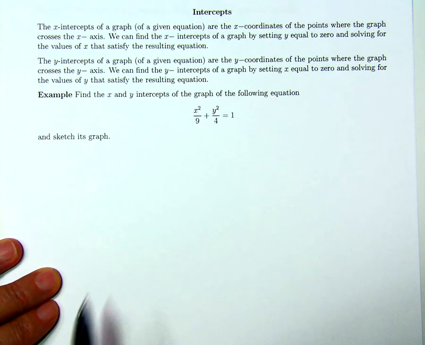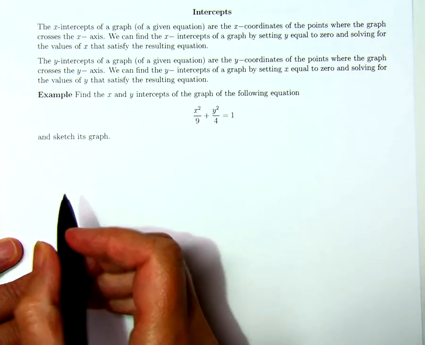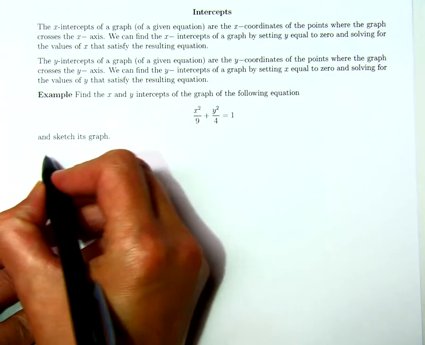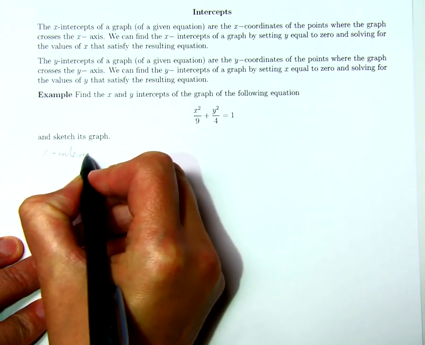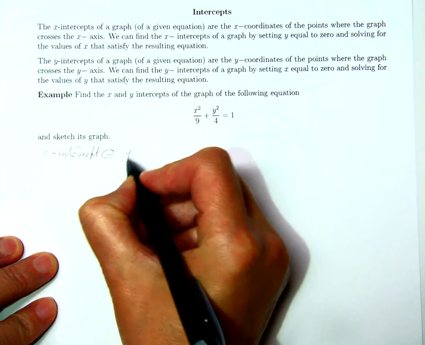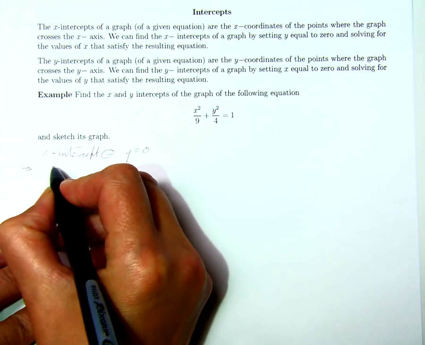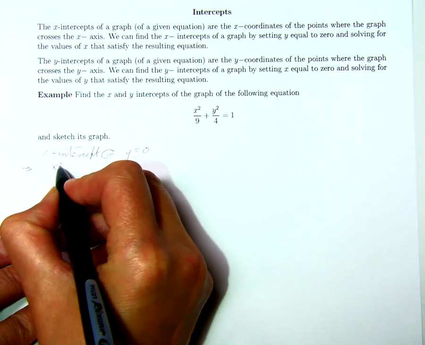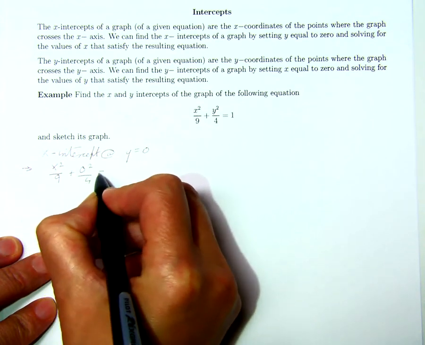So for example, suppose I take this equation and I want to find the x and y intercepts. Let's start with the x-intercept, and that's at the point where y equals 0. So this says at that point, whatever x is, x squared over 9 plus 0 squared over 4 equals 1.